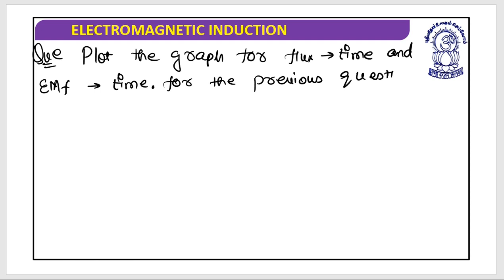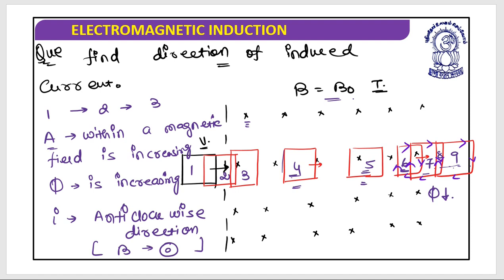So you need to plot a graph for the flux versus time and EMF versus time for the previous question. So what I understand is that, look at this. In this situation, in this 1, 2, 3, flux is increasing. In 4, 5, 6, flux is constant. And as soon as it is leaving, this flux is decreasing.